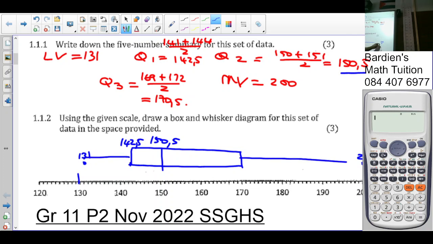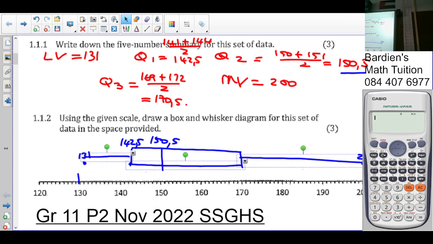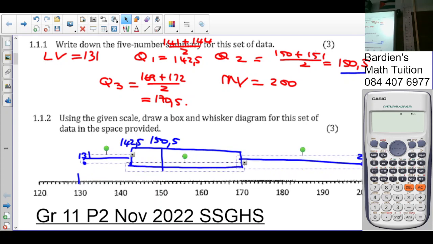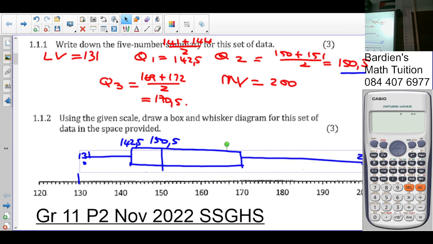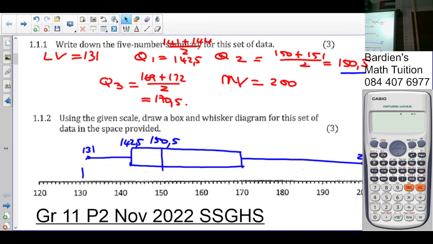Okay. Any confusion there, people? There we go. 170.5. You won't get marks for writing these values in, but at least the examiner knows what you're referring to. Okay.